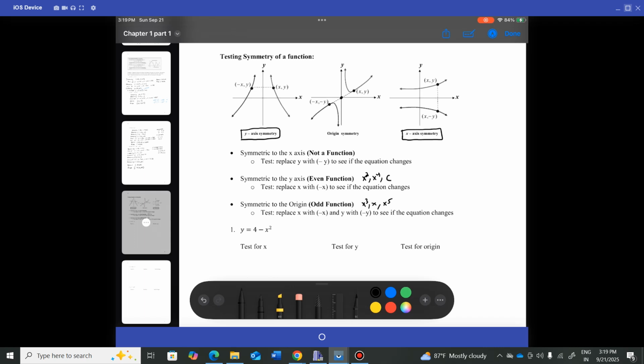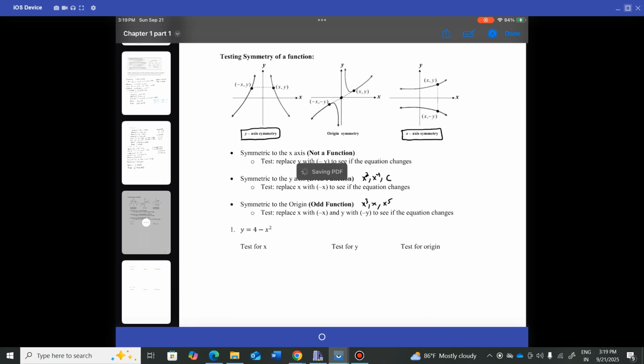So that's why we're going to end up finding a way to test it, because sometimes you can see it just from looking at the equation, other times you actually have to test it. Now to test for symmetry with the x-axis, you replace your y with a negative y, because (x, y) has to line up with (x, negative y). So if you replace y with negative y, you should still end up with the same function.